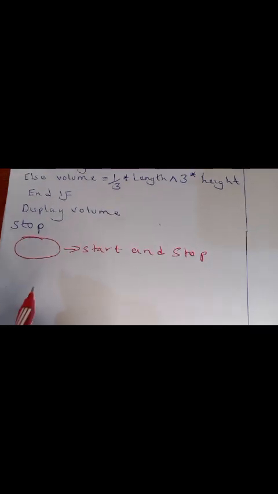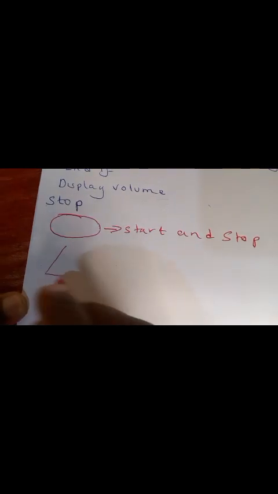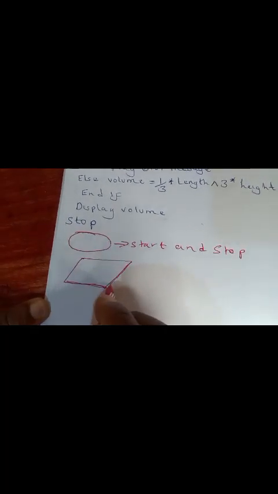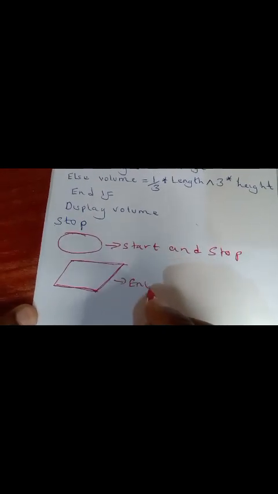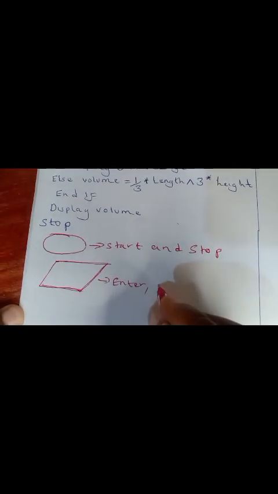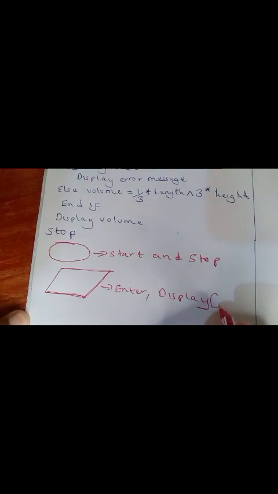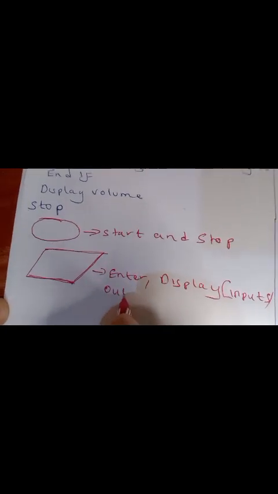And the second shape in our pseudocode, we will use a parallelogram. I may not be a perfect drawer, but just know a parallelogram. Here we will use it to enter our values, display, or input and output.